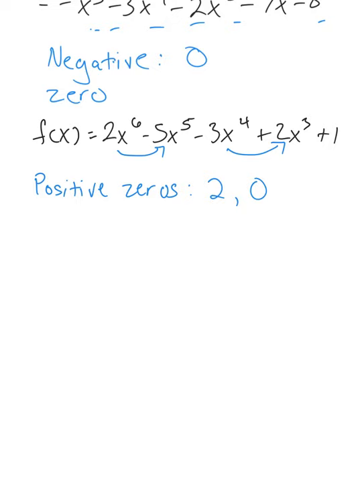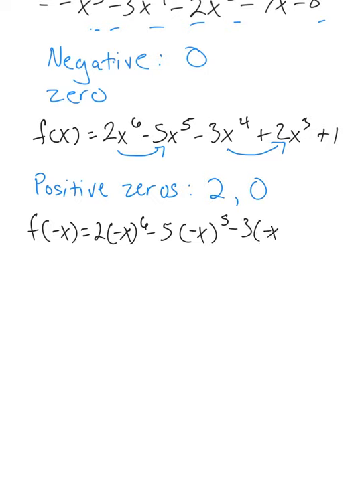So then to get our negatives, we take f of negative x equals 2 negative x to the 6th minus 5 negative x to the 5th minus 3 negative x to the 4th plus 2 negative x cubed plus 1.